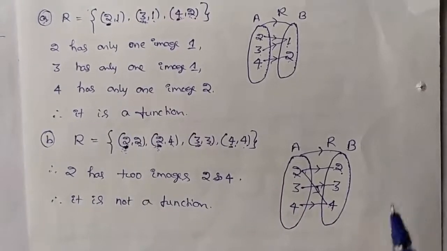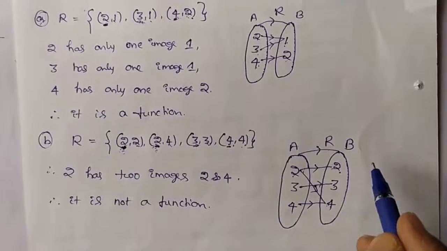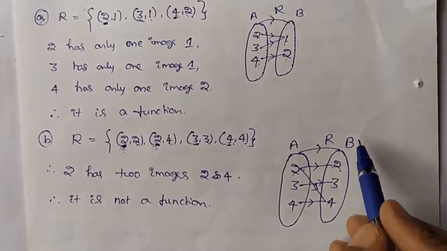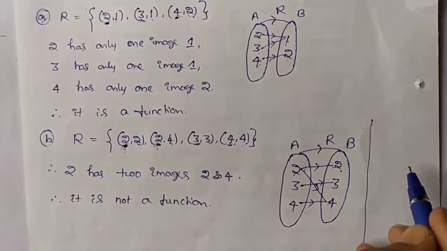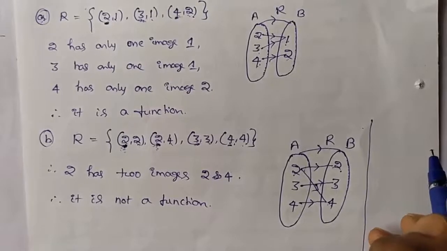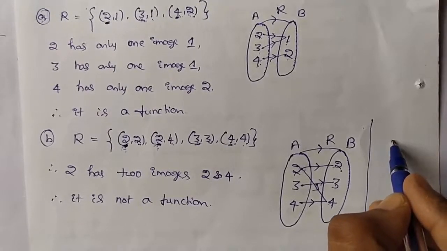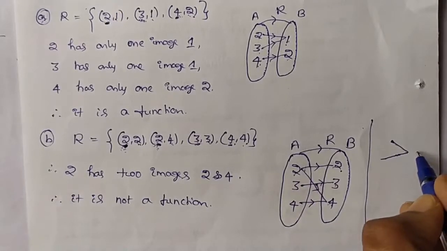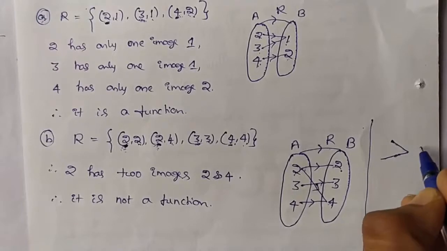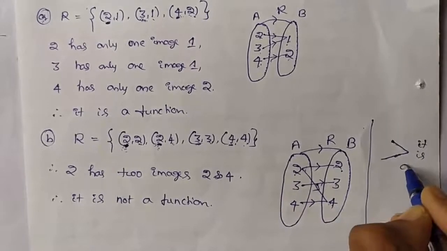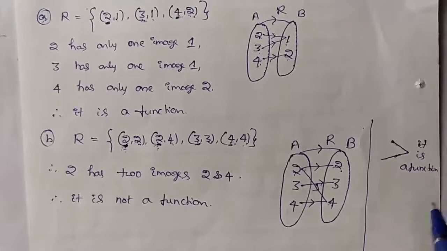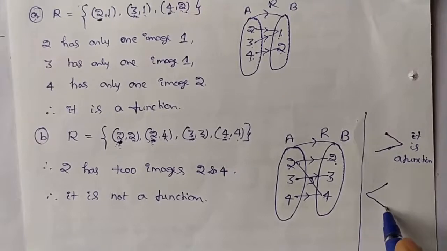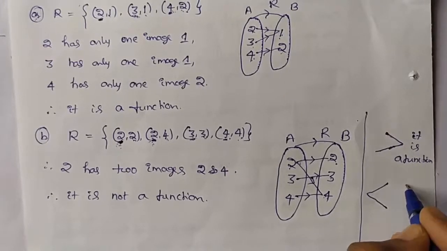If you are getting confused, I am going to give one simple trick to verify whether a relation is a function or not. In the arrow diagram, if the symbol looks like this, then it is a function. If the symbol looks like this, greater than, then it is not a function.